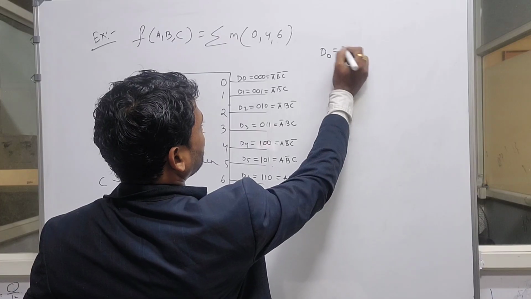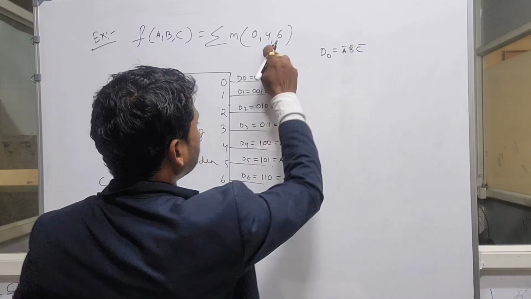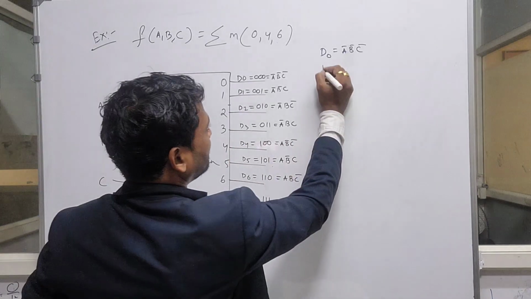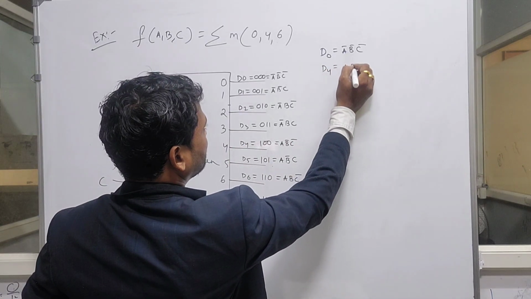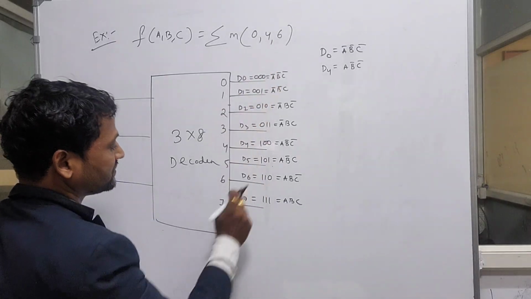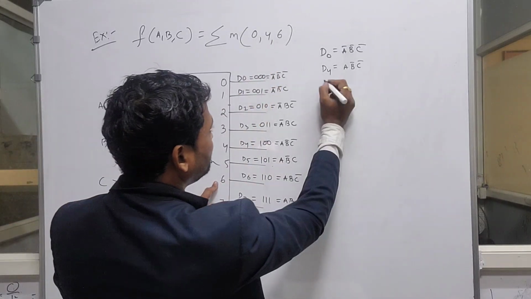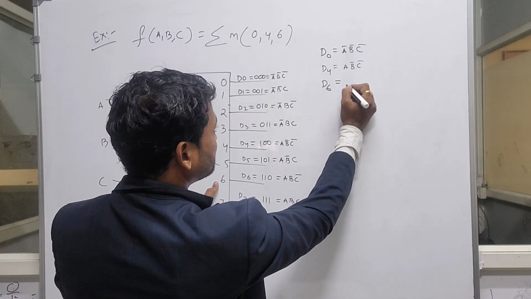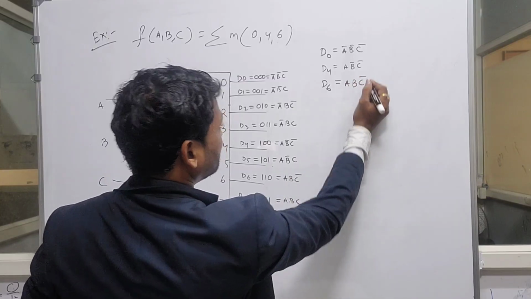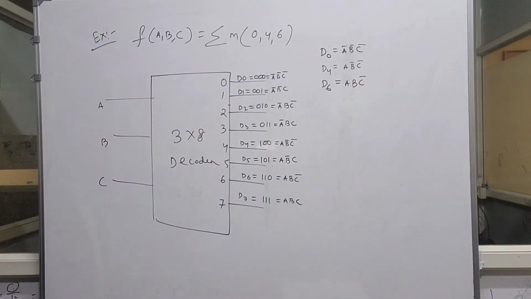D0 is A bar B bar C bar. Next is 4. 4 means we have to take D4. D4 is A B bar C bar. And next one is 6. Where is 6? Here is 6. 6 means D6. D6 is A B C bar.